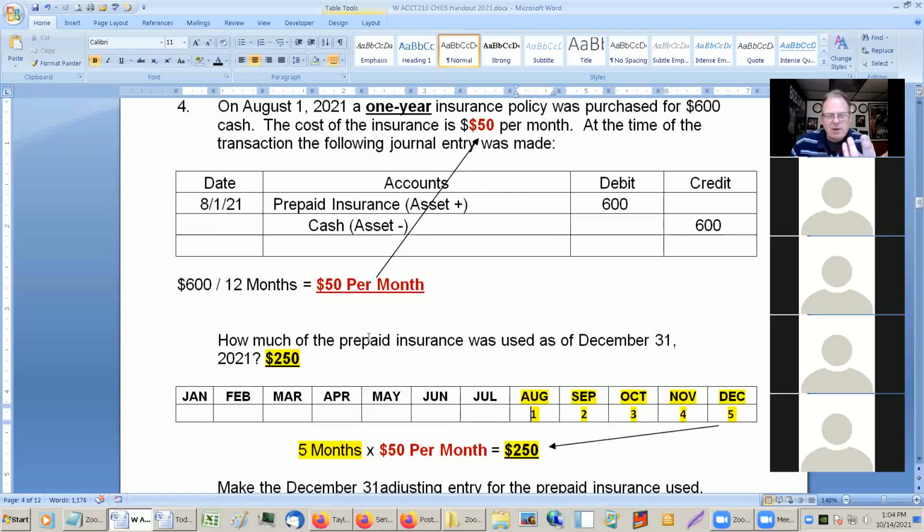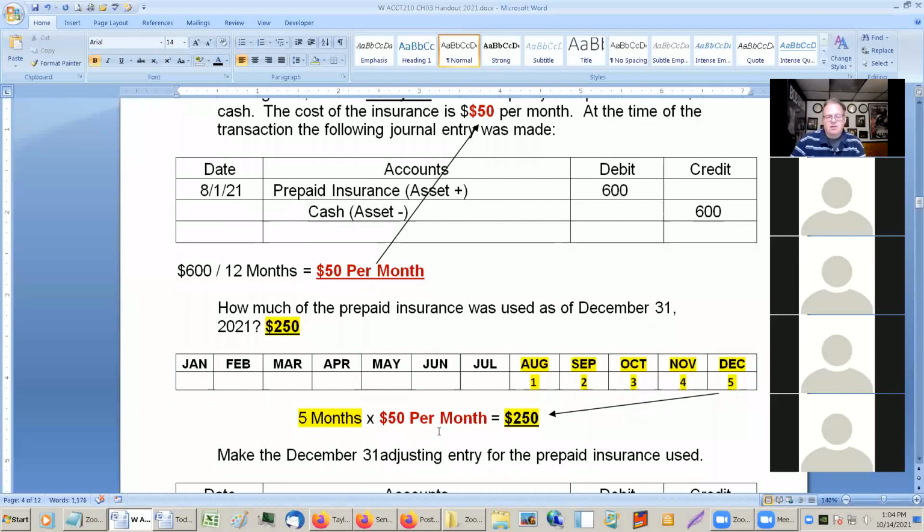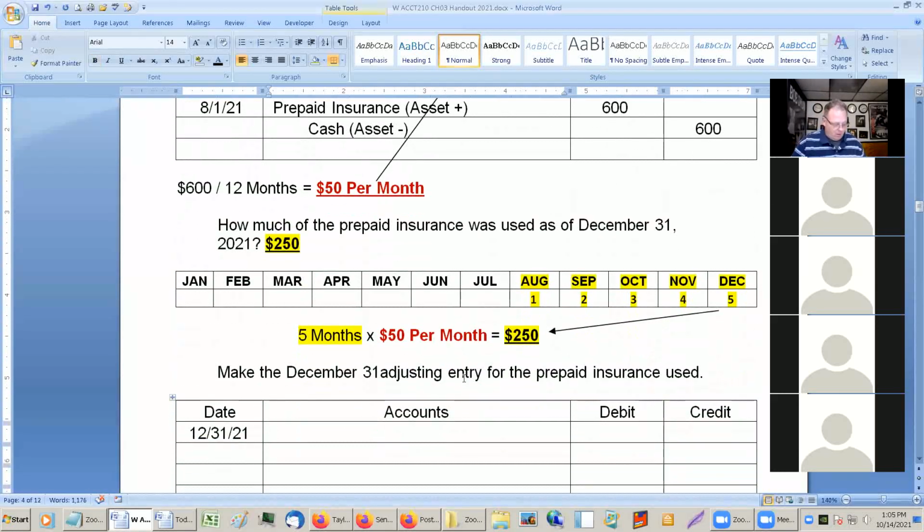But I mostly put it at the first of the month just because we're looking for the idea, not necessarily a complete look at all the scenarios that could happen. All right, so 5 months worth is $250. And the journal entry is insurance expense. Insurance has an R on it and expense has an E at the end, just in case you guys are wondering.